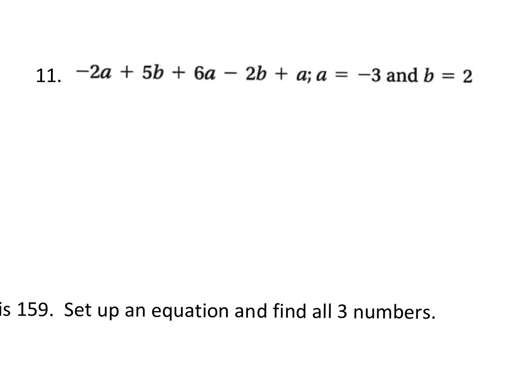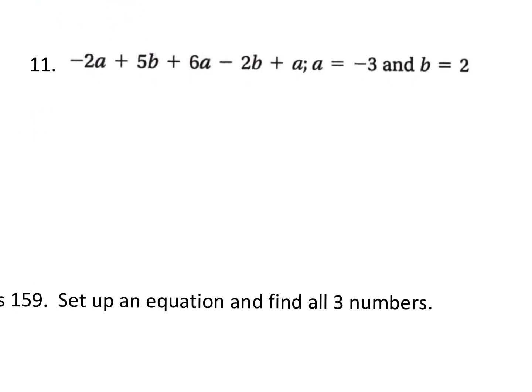All right, number 11. Now A has a negative, so pay attention to those negatives. You're doing negative 2 times negative 3 plus 5 times 2 plus 6 times negative 3 minus 2 times 2. What do you do first?